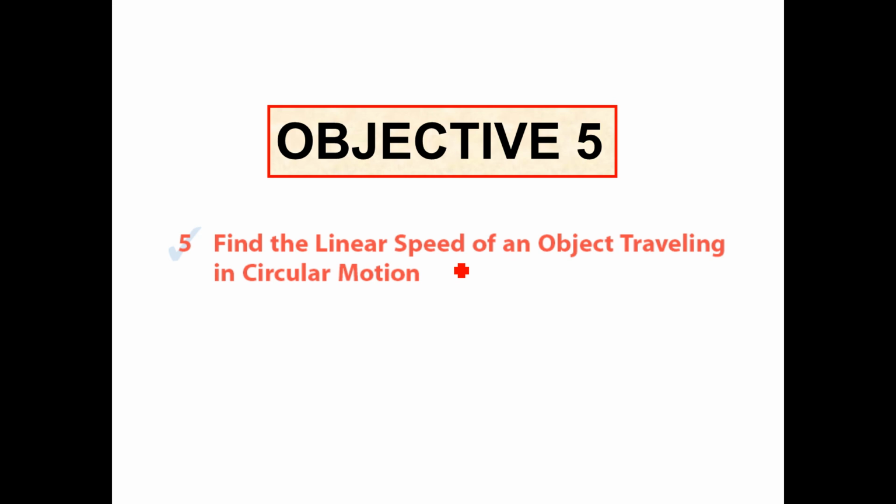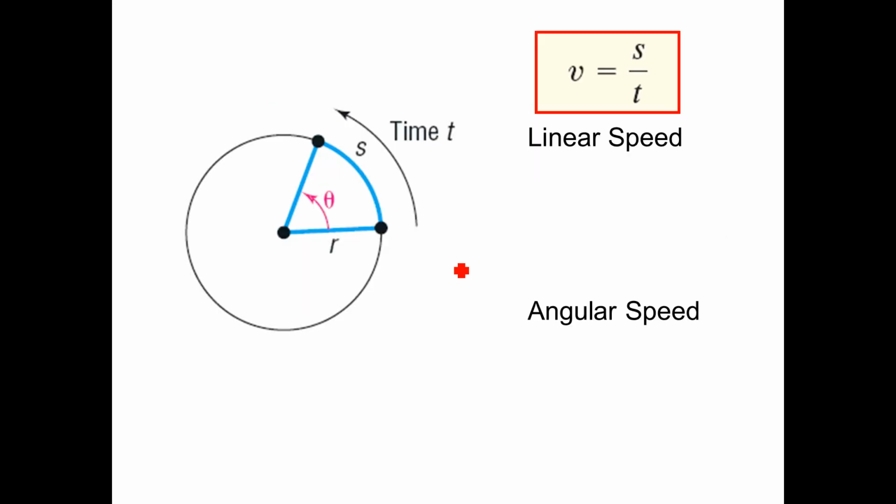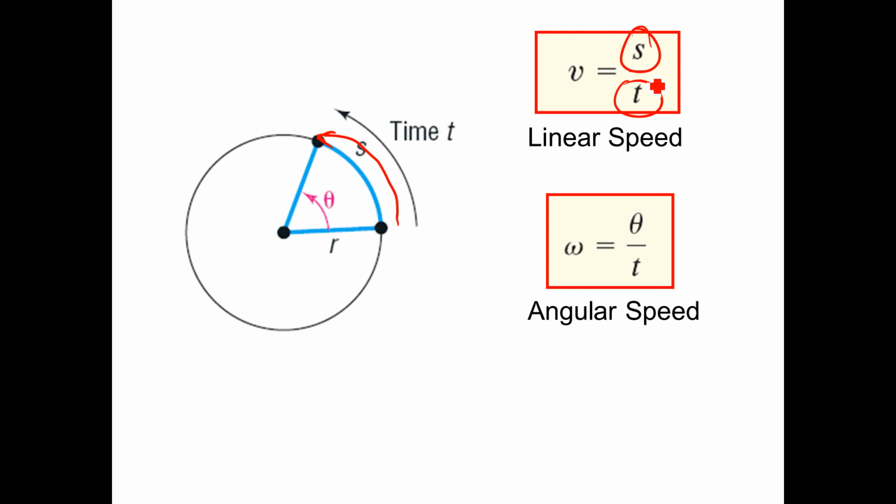Okay, last objective. Find the linear speed of an object traveling in circular motion. So, remember that speed is distance divided by time. So the distance would be the distance you travel along this edge, which is s, divided by time. Alright, angular speed is how much angle you travel divided by time.